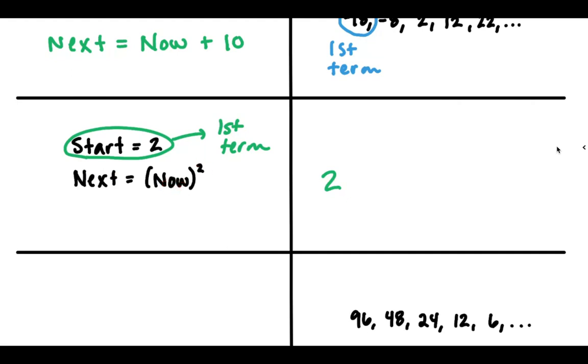So this is a little different, but we're going to work the same way. We're going to try to interpret this rule. This is telling us how to get the next term from the current term. So to get the next term, we want to square the current term.